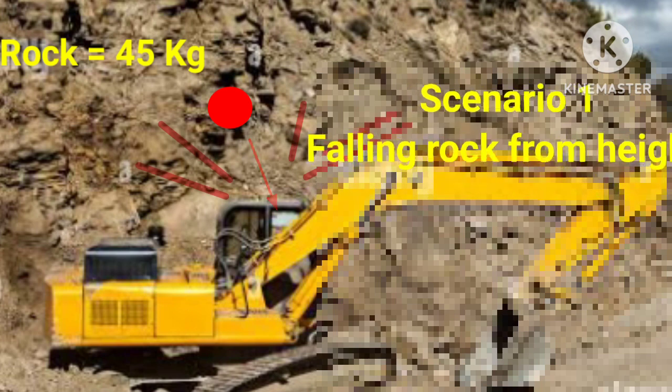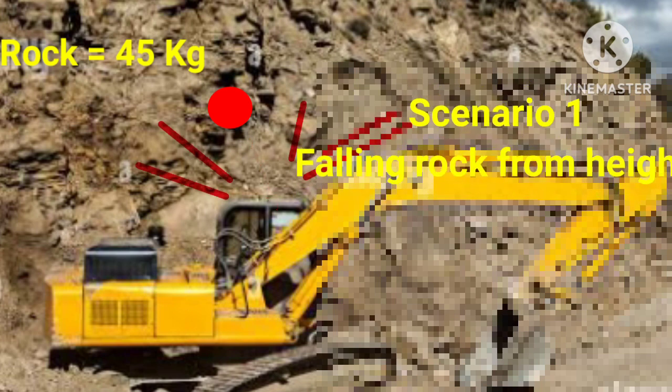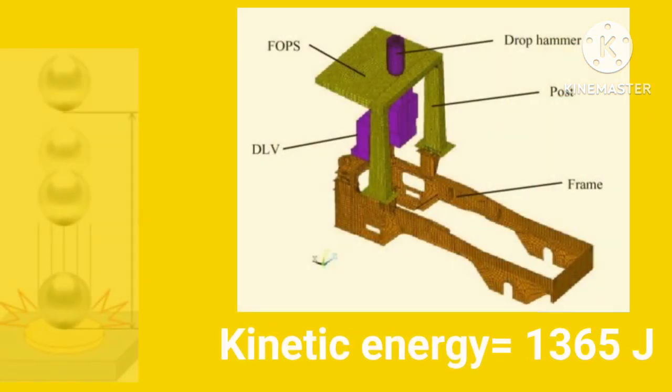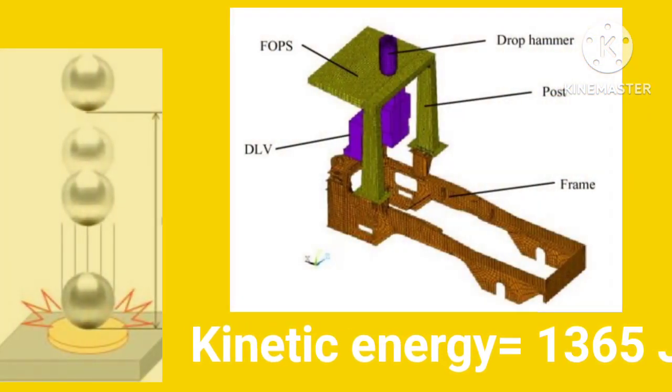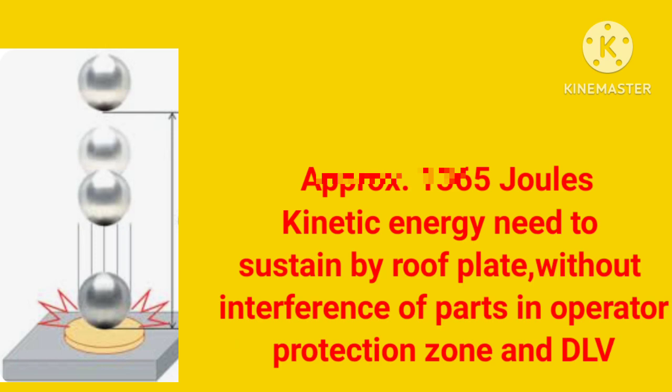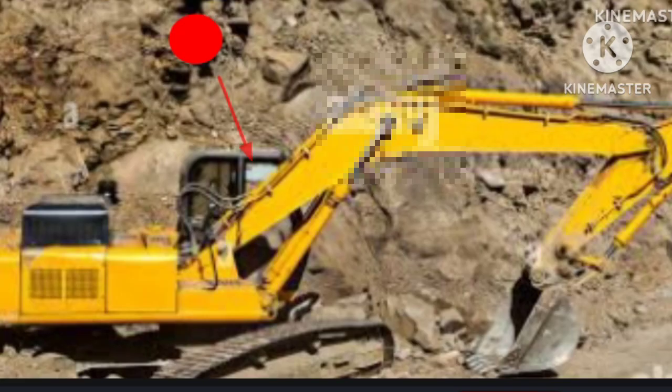Definitely it will impact the roof plate or roof liner plate by creating kinetic energy of approximately 1365 joules. So we need to conduct a trial to confirm that if such a case happens, then the roof plate or roof liner absorbs that energy by using a ductile material.